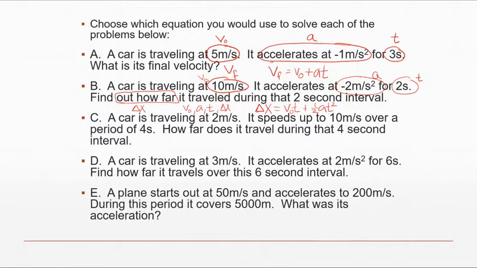For this next one, we have a car traveling at 2 meters per second, so we have a v initial. It speeds up to 10 meters per second over a 4-second period. So we have v final, we have time, and it asks how far does it travel, so we're looking at change in x.